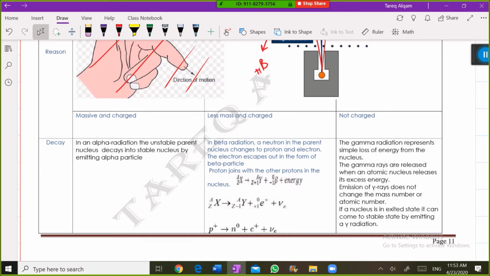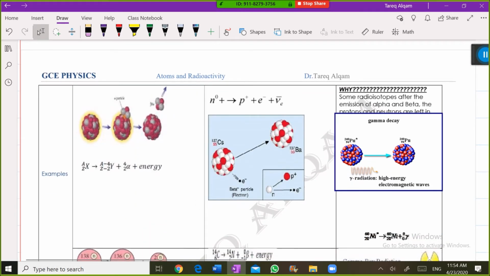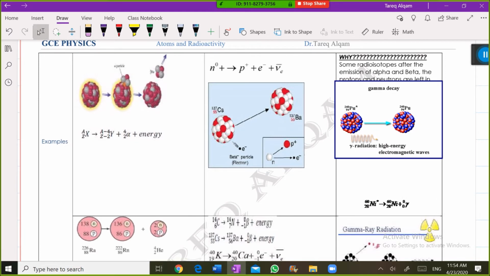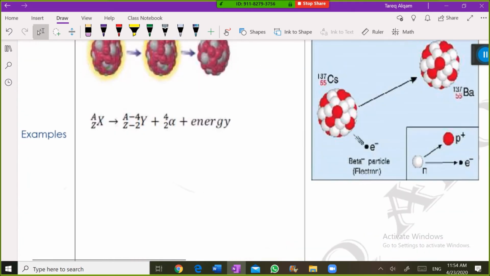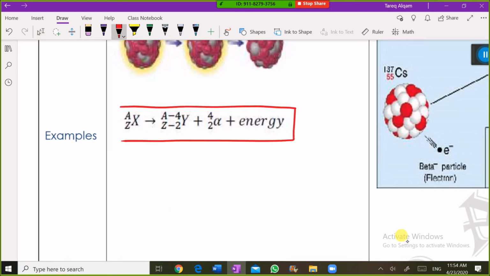Let's talk about the decay finally, but just give me 1 minute. Guys, the alpha decay: when an alpha decay is taking place, this is a general rule for alpha. If I have a parent nucleus that decays by alpha, what happens to the daughter nucleus, guys?